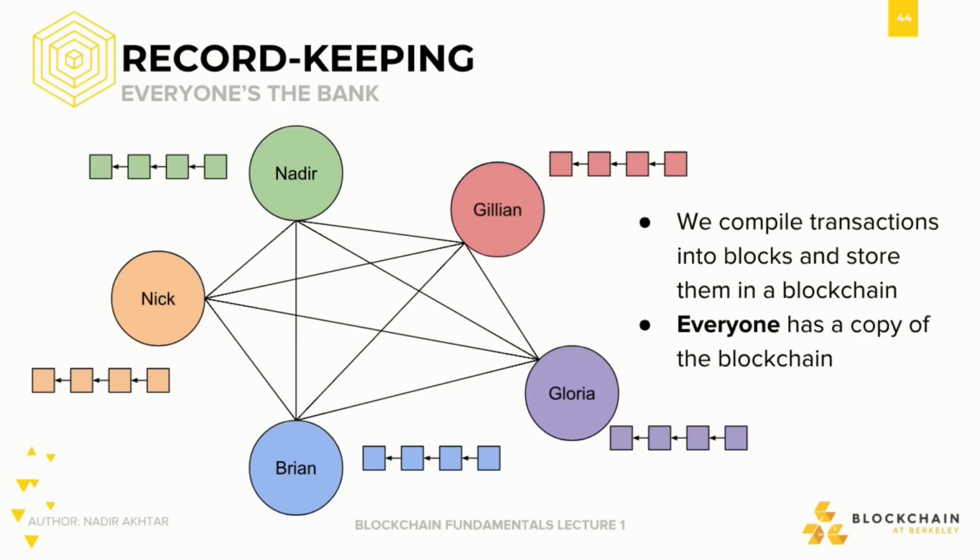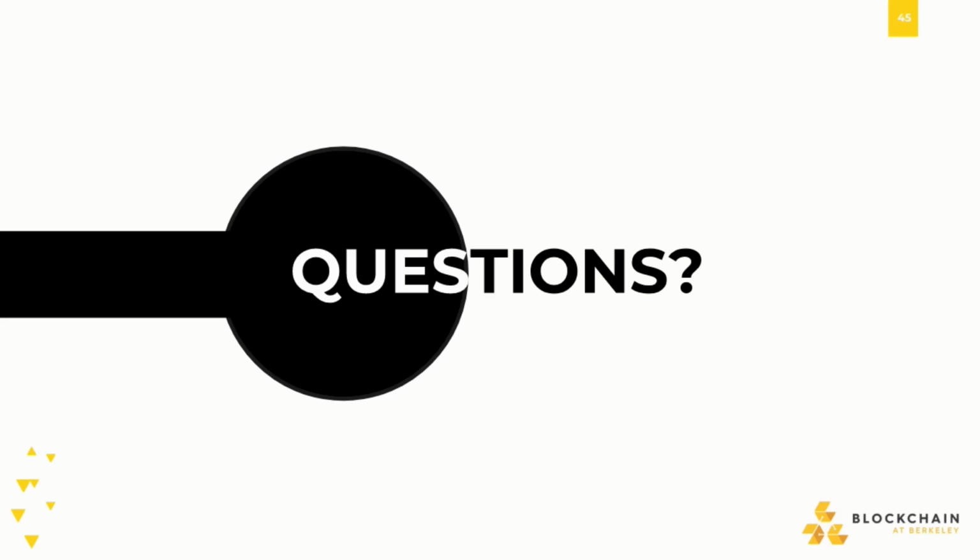Another question? I suppose since there's so many transactions being made, two versions of the chain can't possibly be completely identical. In that case, if they're both equally trustable, then which one is correct? All right, so the question is, let's say different people have different blockchains. How do we decide which one's correct? That's what I'm going to get to next, how we come to a decision.